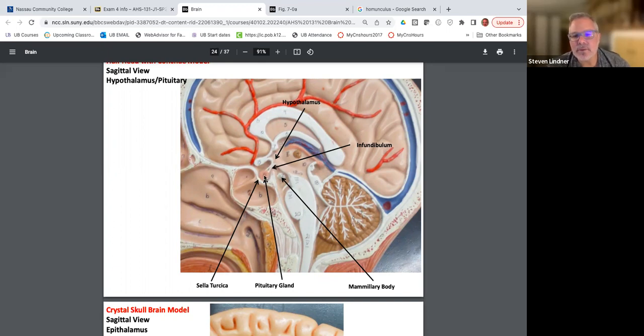When you get into anatomy and physiology 2, you will learn about the two divisions of the pituitary, the anterior and posterior division. And when you cover endocrinology, you'll go over the hormones that they release and their major impact on physiology.